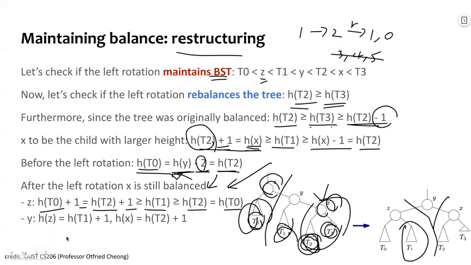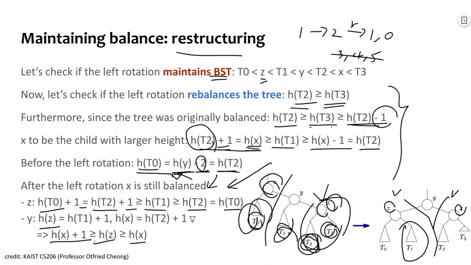So you could calculate the height of Z like this, and you could say that the height of Z is between HX plus 1 and HX. So you see the height difference between Z and X is not larger than 1. Think about these relations on your own after class, and you could easily come up with this conclusion.